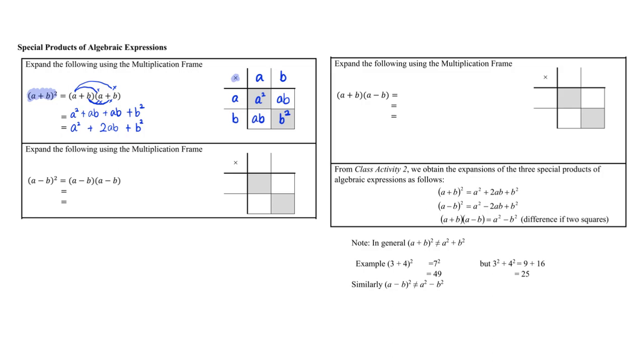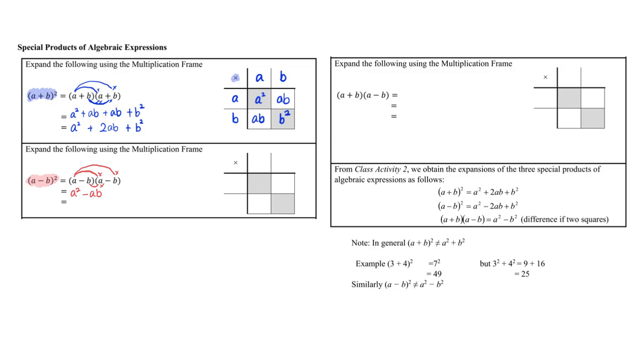Alright, so let us look at another special product, (a minus b) bracket square. Again, it is a minus b times a minus b. So if I were to use the distributive law of multiplication, I multiply, I will get a square. Positive a times negative b will give me negative ab.